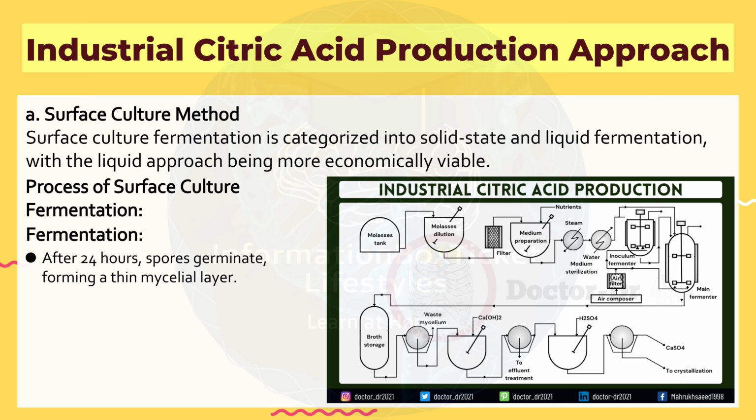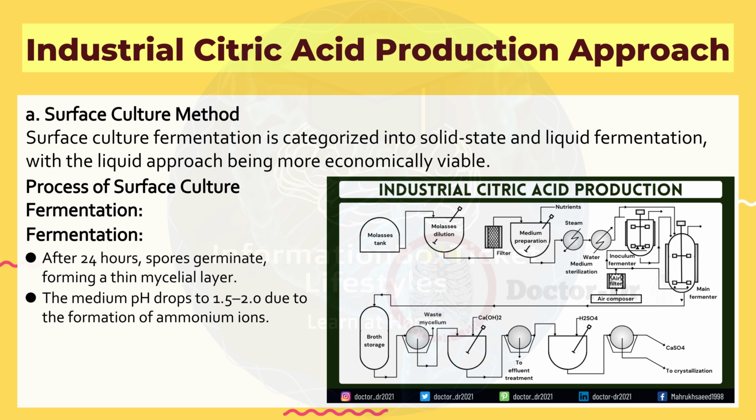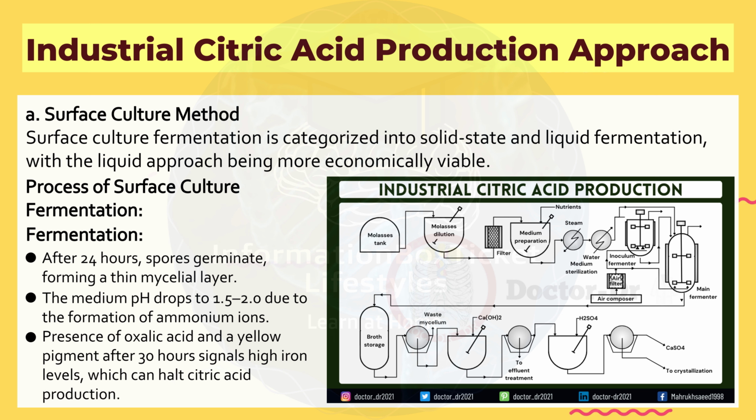After 24 hours, spores germinate, forming a thin mycelial layer. The medium pH drops to 1.5 to 2.0 due to the formation of ammonium ions. Presence of oxalic acid and a yellow pigment after 30 hours signals high iron levels, which can halt citric acid production.